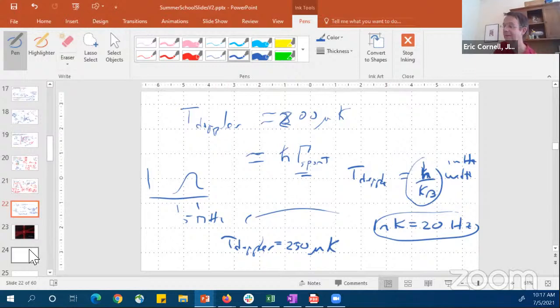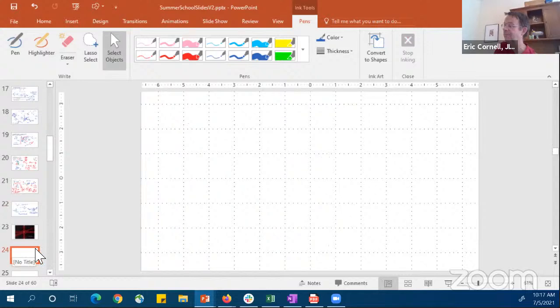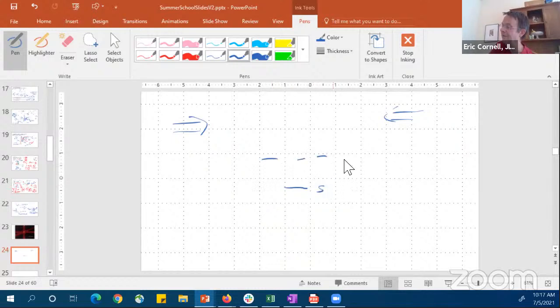I'll add one more thing, which is this other wonderful feature. If you have laser coming in from the right and the left, and the kind of atoms we work with have a ground state that is an S state and an excited state that is a P state, you can have a Zeeman shift.